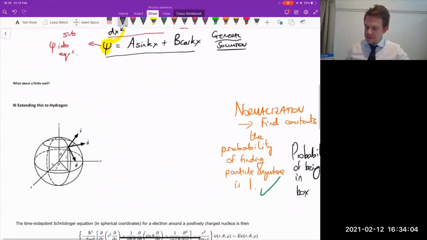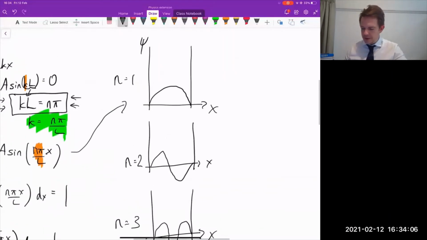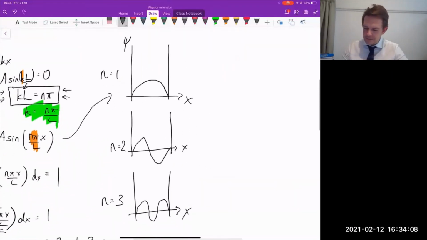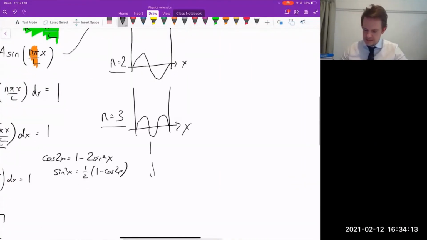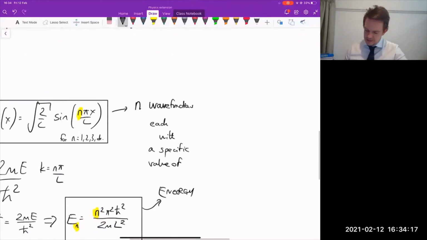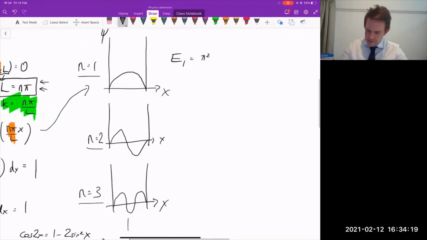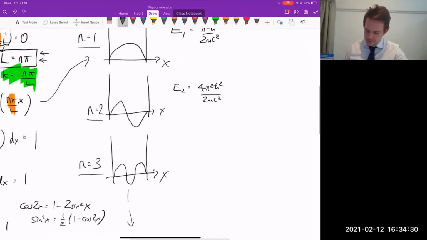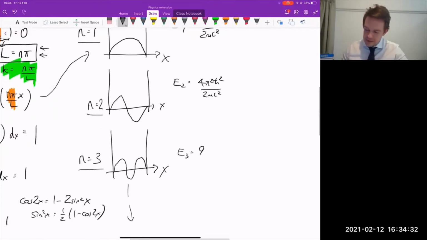So for a particle in a box, you have a ladder of possible states, n equals 1, n equals 2, n equals 3, which look like this. And each of them has an energy. n equals 1 has an energy of pi squared h bar squared over 2mL squared. This one has an energy of 4 pi squared h bar squared over 2mL squared. This one has an energy of E3 equals 9 pi squared h bar squared over 2mL squared.